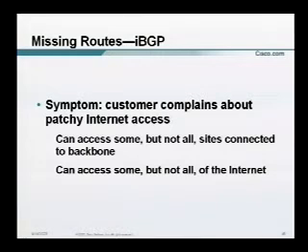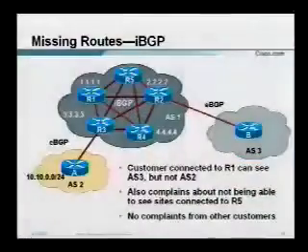When you see things like that, I mean, if he's complaining about poor performance, that's nothing to do with BGP, usually. But he's complaining about, oh, he can get to half of Europe, and he can only see your West Coast operation and nothing in the East. You should try and start suspecting iBGP problems. If you see nothing wrong with your network otherwise, try and suspect an iBGP problem. It's more than likely to be that.